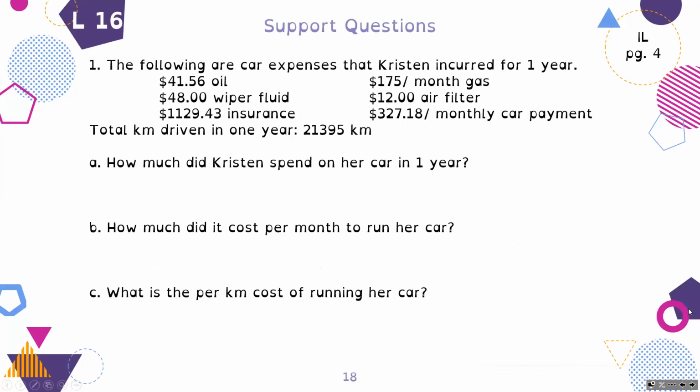All right, let's look at our support questions from lesson 16. Number 1 on page 4, the following are car expenses that Kristen incurred in 1 year. $41.56 in oil, $48 in wiper fluid, $1,129.43 in insurance, $175 per month in gas, a $12 air filter, and a $327.18 monthly car payment.